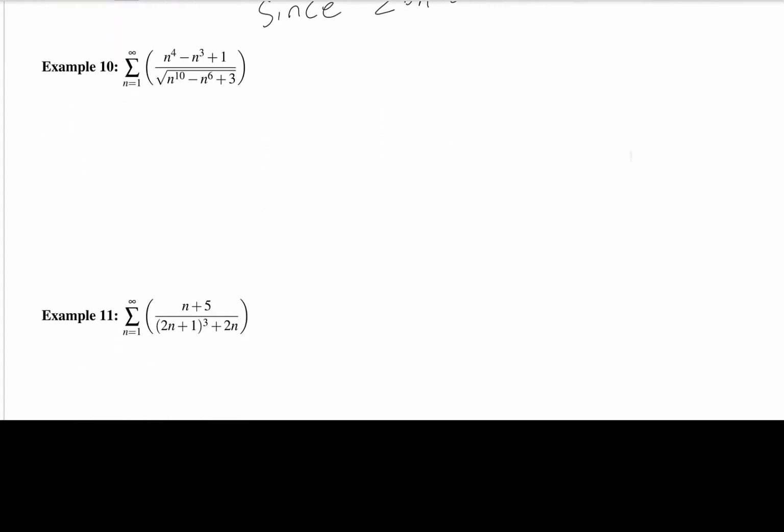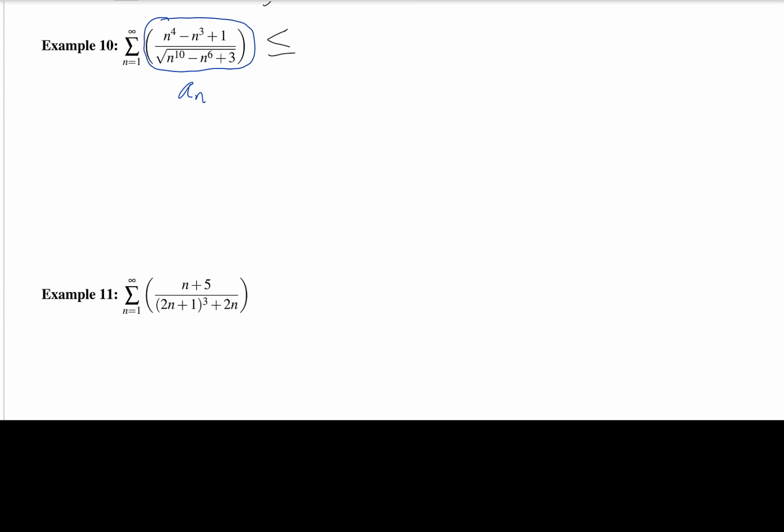Alright, example 10. Looking at example 10, this will be our a sub n. And so we know that this is going to be less than or equal to. Alright, what I'm going to do is get rid of the negative n cubed plus 1 on top.